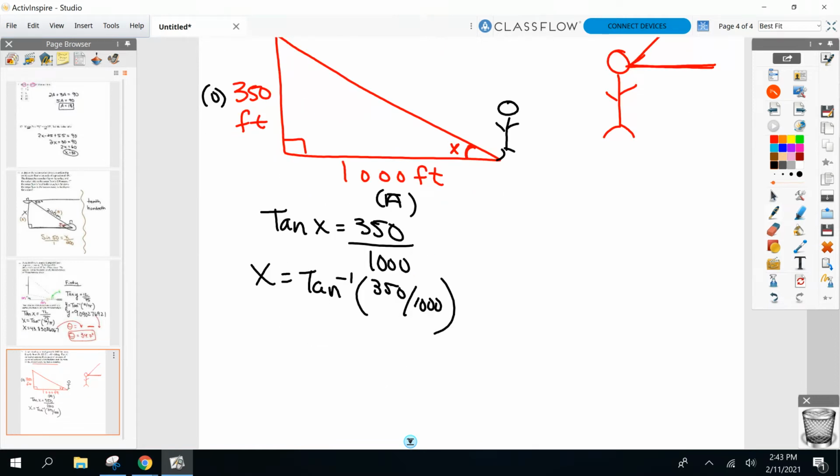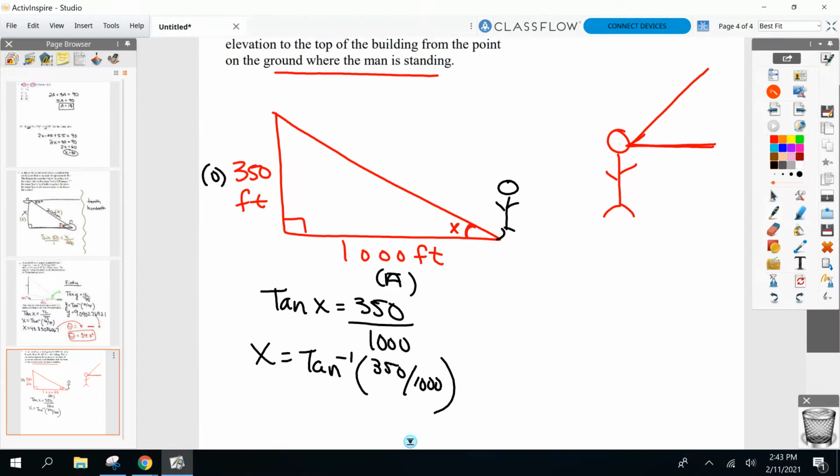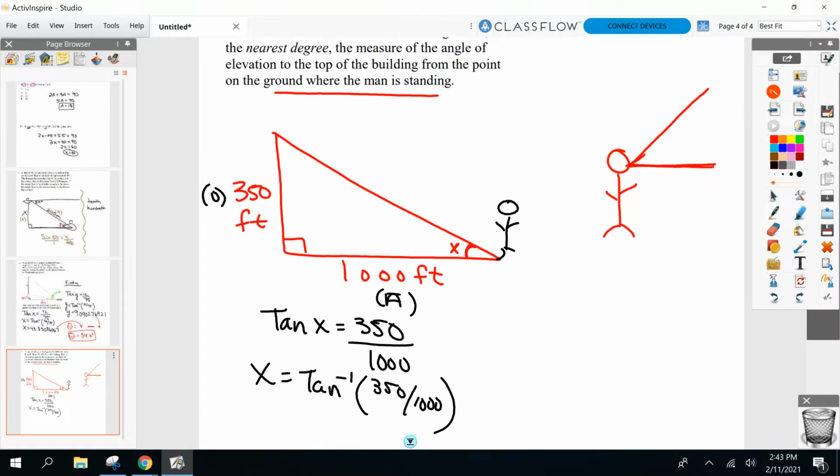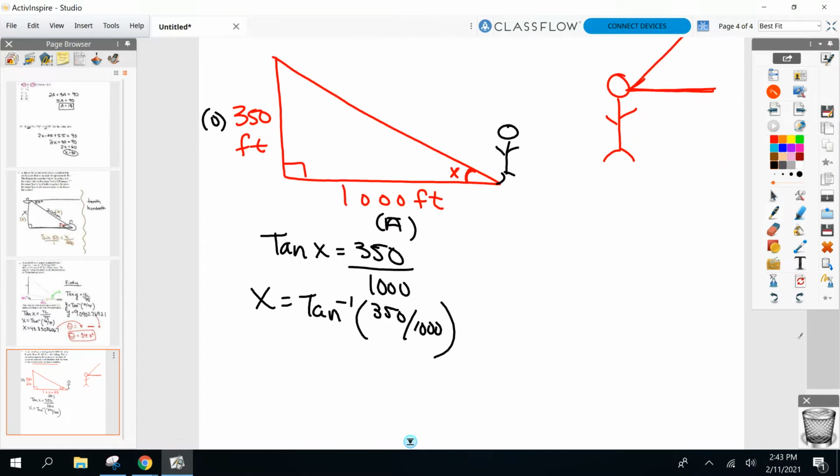What were the rounding directions? Nearest degree here, nearest degree. I'm getting 19 degrees on my end here. Good.